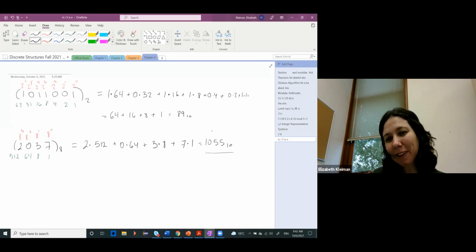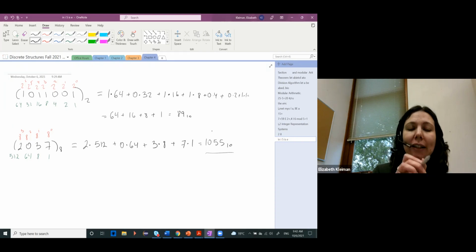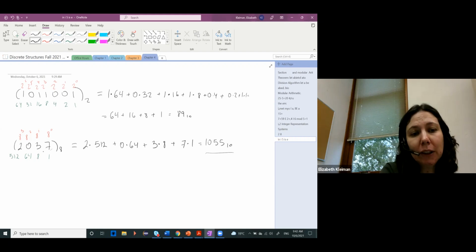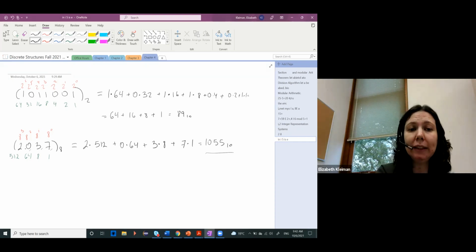Okay. So as you use expansion, the values of A's, the numbers you see out here, have to be between 0 and 8 exclusive. So 0, 1, 2, 3, 4, 5, 6, 7. Those are the only possibilities. In here, my possibilities are zeros and ones.